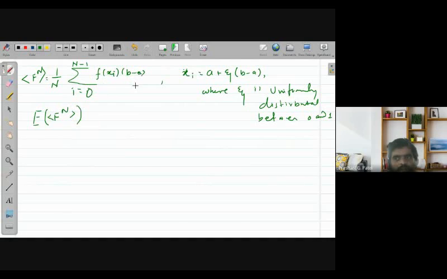Let us try to prove that. So that is the expectation of this quantity, but b minus a is independent of i, so I can write this as 1 upon n into b minus a into summation i running from 0 to n minus 1 of f of xi.